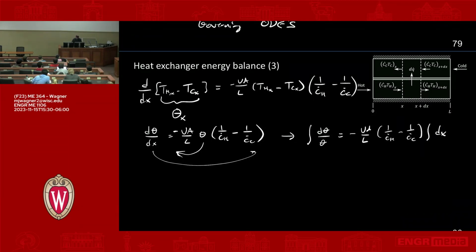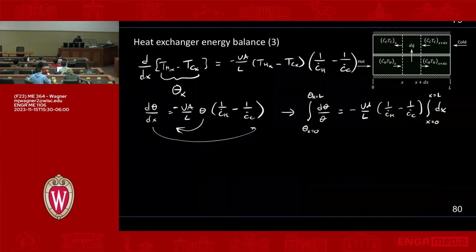So here, this integral on the left is from theta at x equals 0 up to theta at x equals L. And the integral on the right then has to go to the corresponding x location. So that is just x equals 0 to x equals L. Okay, then we solve that ODE, and it looks like this.